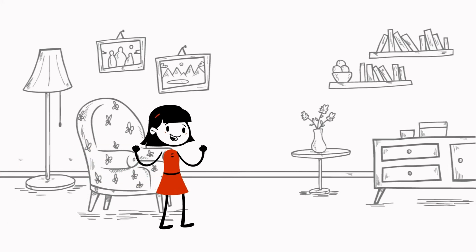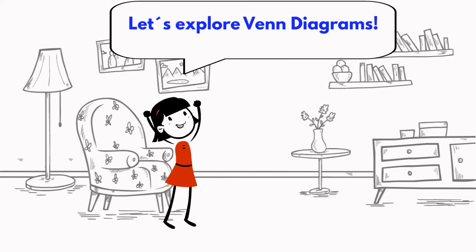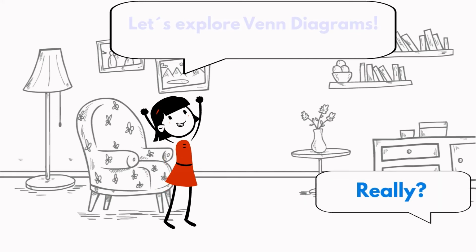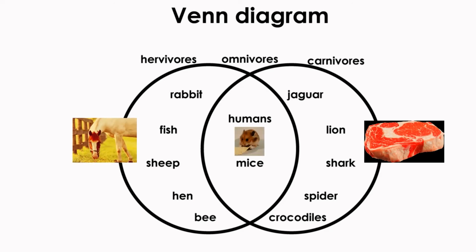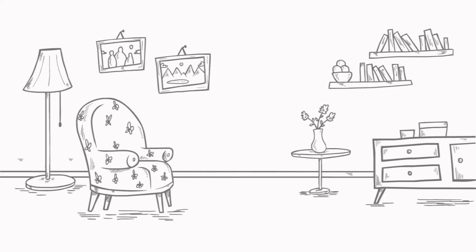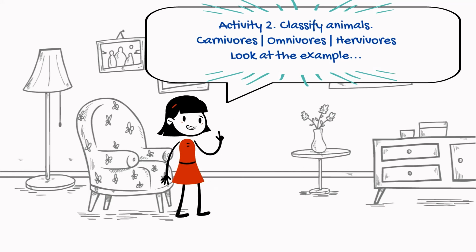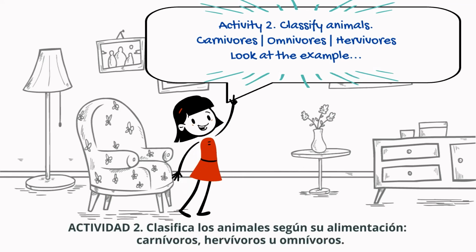Now let's explore Venn diagrams. Venn diagrams help us compare information. So let's look at the following example. Activity 2. Classify animals according to what they eat. Carnivores, omnivores, or herbivores?